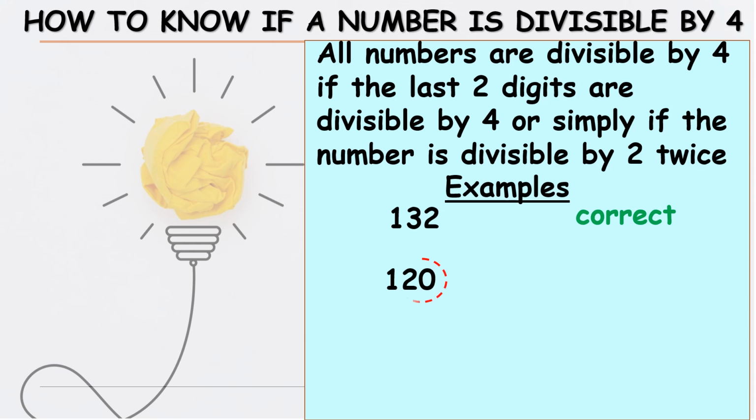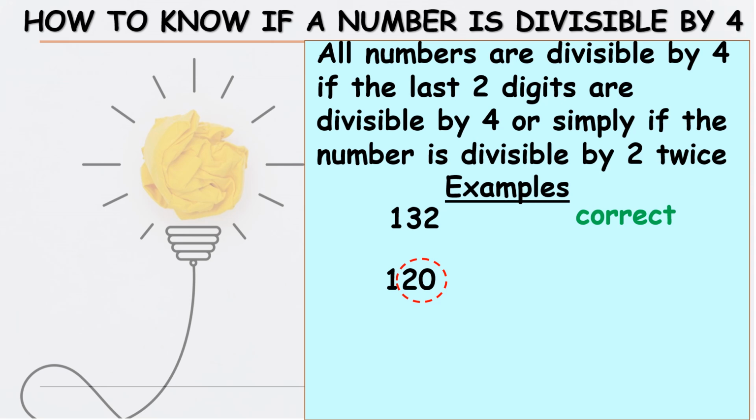Now we have 120. What are the last two digits? And we said that if the last two digits are divisible by 4, then the entire number is divisible by 4. Is 120 divisible by 4?